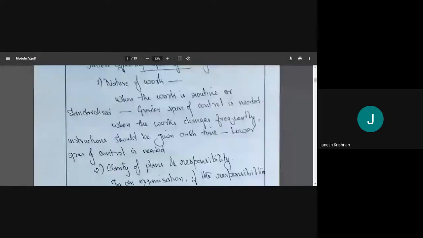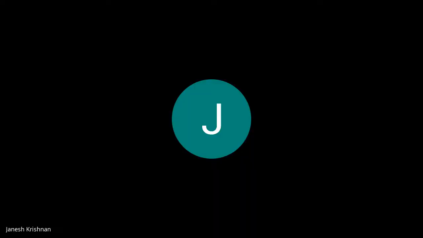So the next thing is clarity of plans and responsibility. Clarity of plans and responsibility means if in an organization the responsibility of supervisors, plans and policy, everything is definite and clear, we'll have greater span of control. Large number of people can be supervised by one person.